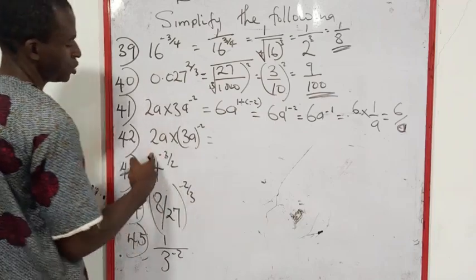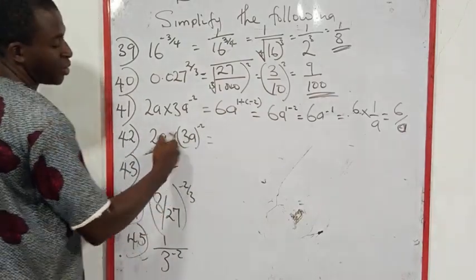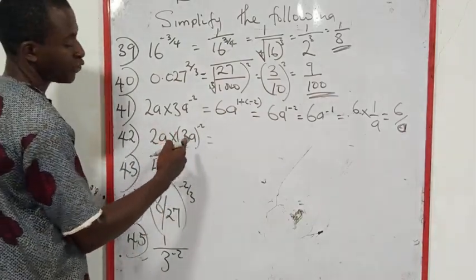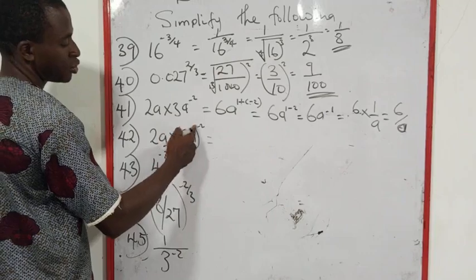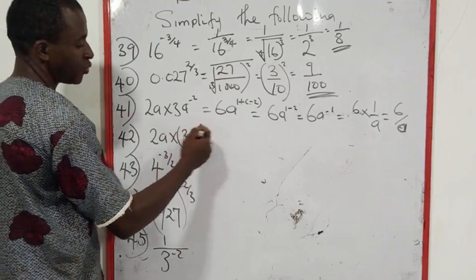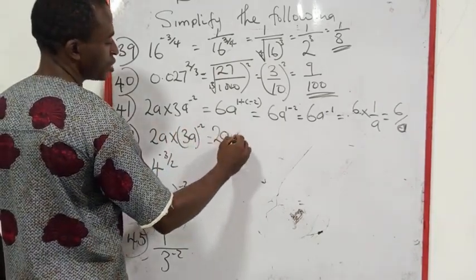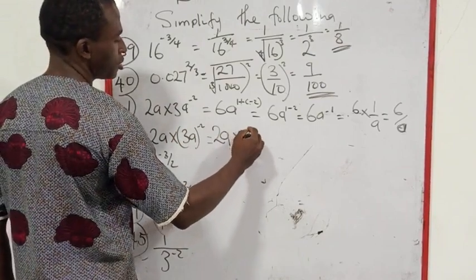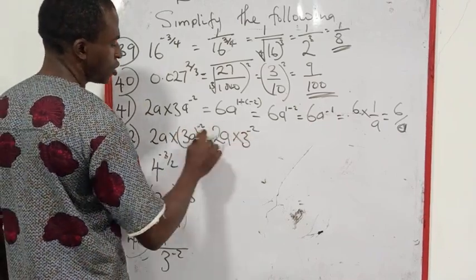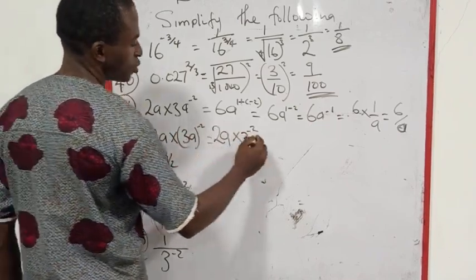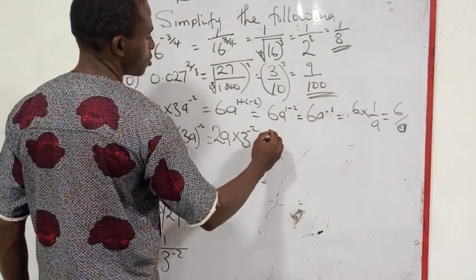Now let's go to this one. We are going to apply our fifth law of indices by multiplying through the power. Minus 2 times 1 gives us, so we have 2a times 3 raised to the power minus 2. Minus 2 times 1 will give us minus 2. Minus 2 times the invisible 1 here also will give us minus 2.